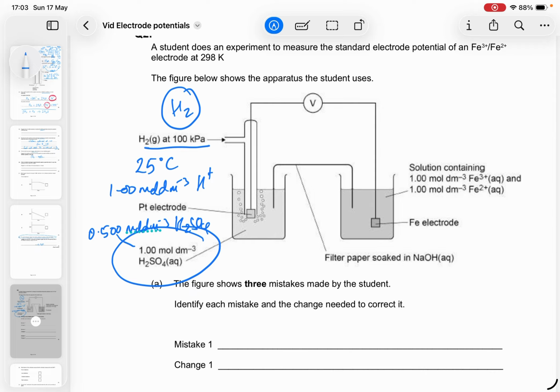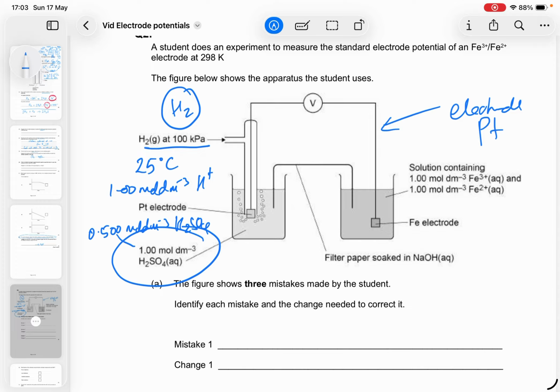The other mistake here, which you can see, is this one. The electrode must be platinum. So where you have two solutions in the other half cell, then your electrode should be platinum.